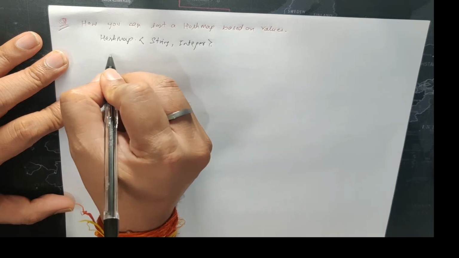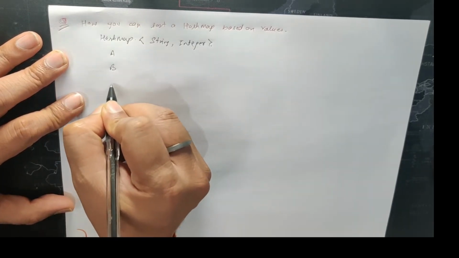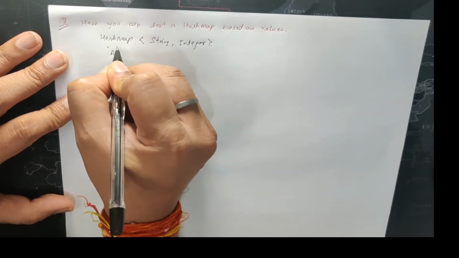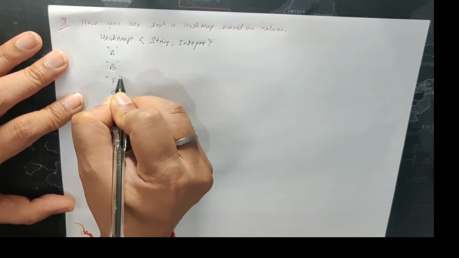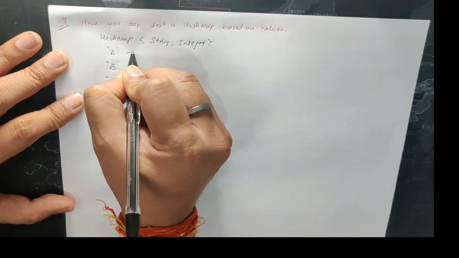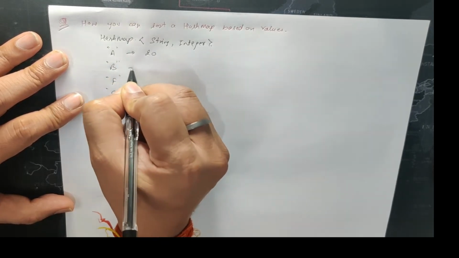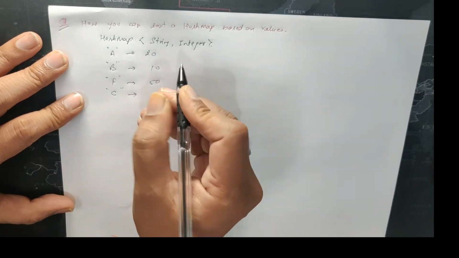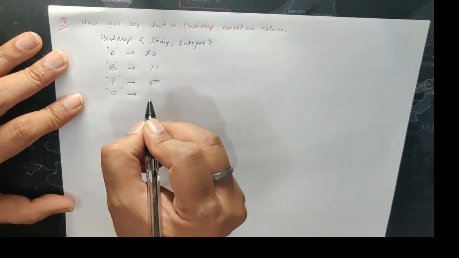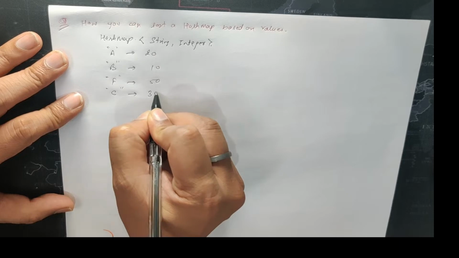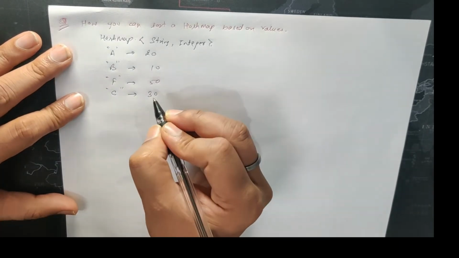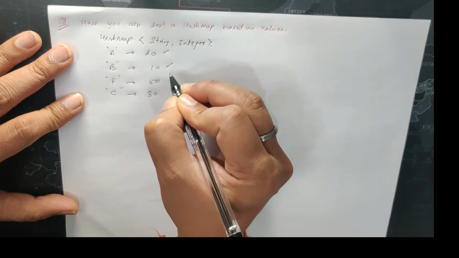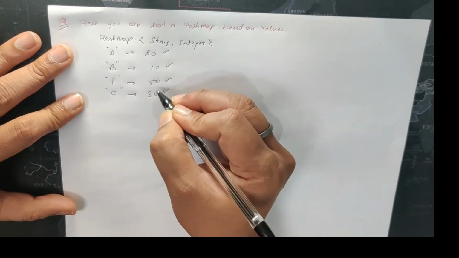Now the keys can be A, B, F and C. Suppose A is containing 20, B is containing 10, F is containing 50 and C is containing 30. So how can you sort this HashMap based on the values, like 20, 10, 50 or 30?